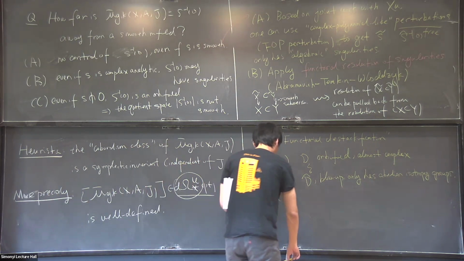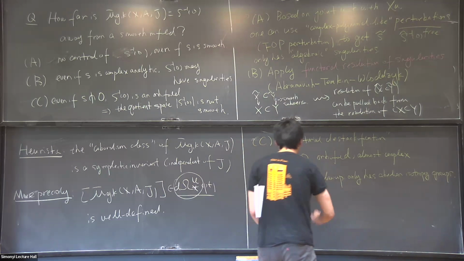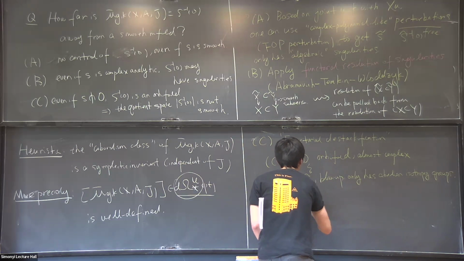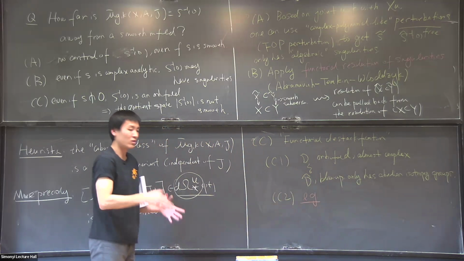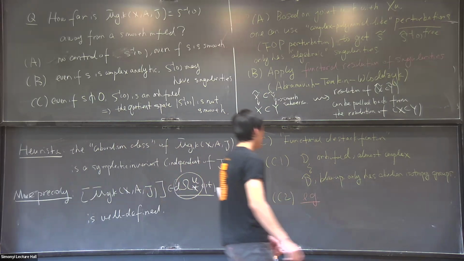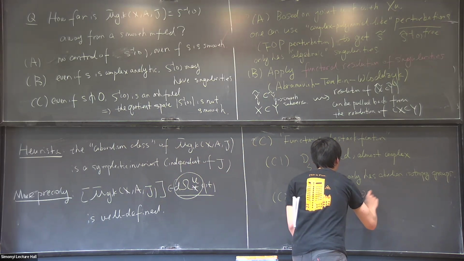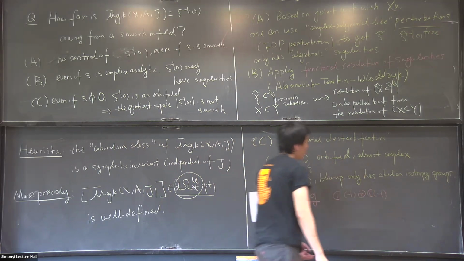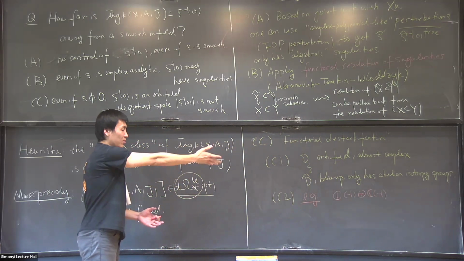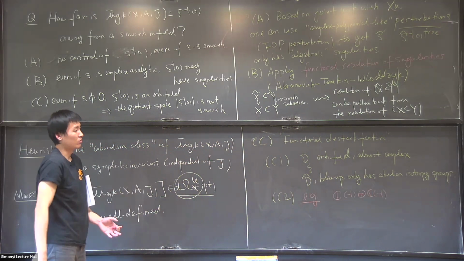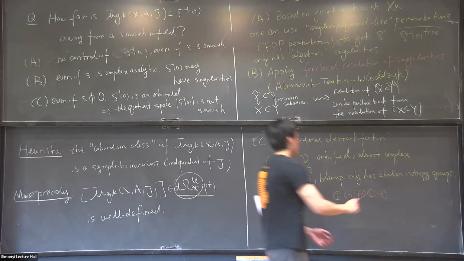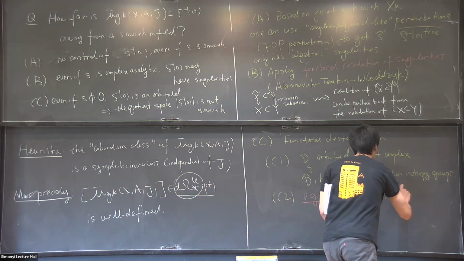So one example is the following. Let's consider the following two-dimensional complex orbifold. Consider the one-dimensional complex vector space, which is acted on by the group Z/2.